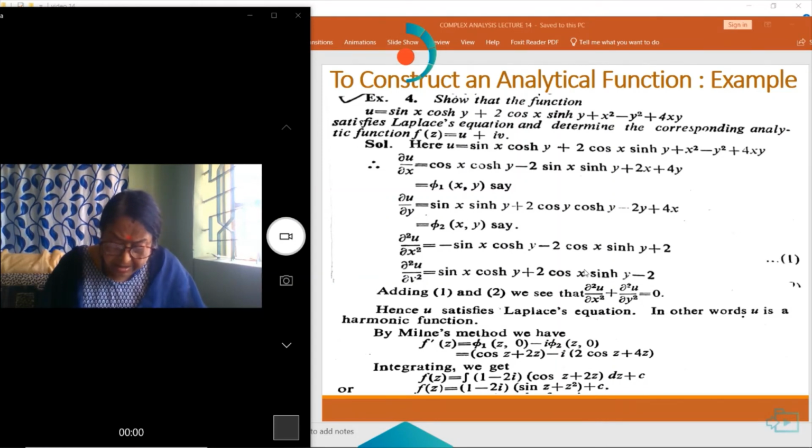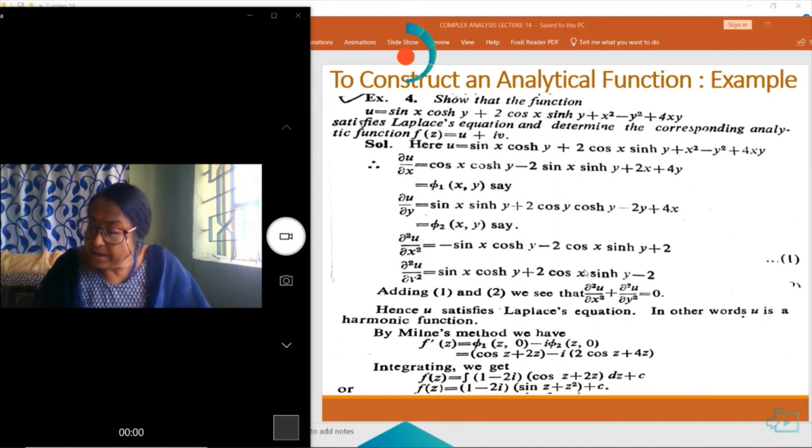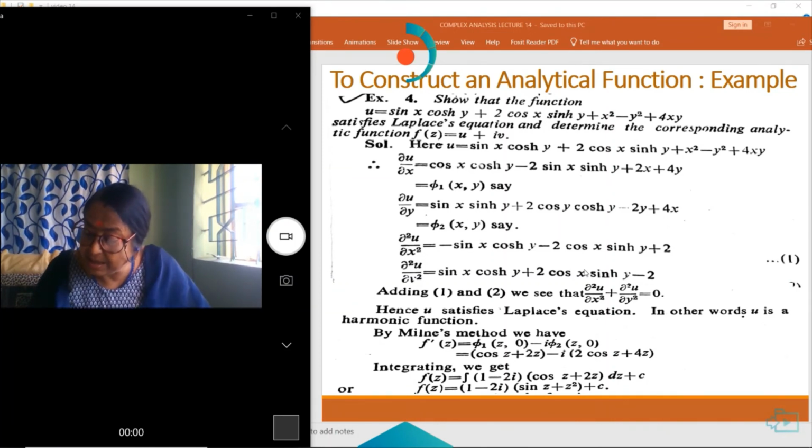Now calculate ∂²u/∂x² + ∂²u/∂y². Adding these two, we get this equal to 0. Hence, it satisfies Laplace's equation. In other words, u is a harmonic function, as we have done earlier.